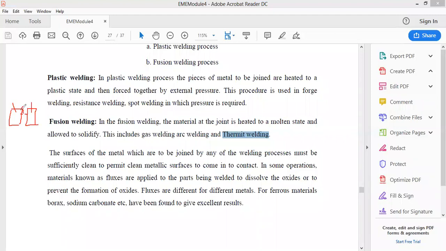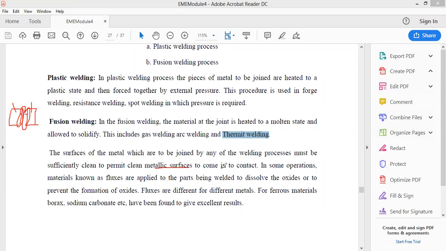So this particular region has to be thoroughly cleaned first before the welding takes place, right? There should not be any kind of impurities, or oil contents, and all those things have to be removed, okay? Otherwise the welding will not be good enough and it will not have good strength also. So it has to be cleaned first, right?